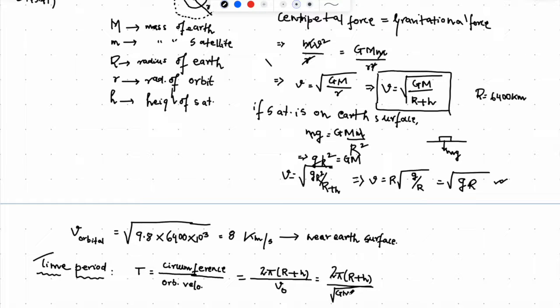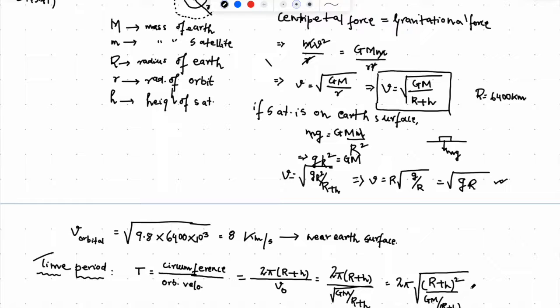gm divided by r plus h. So we can simplify this. I can write down this as 2 pi, let's take a big root, and this r plus h, if I take it inside the root, I can write it down as r plus h square divided by gm divided by r plus h.